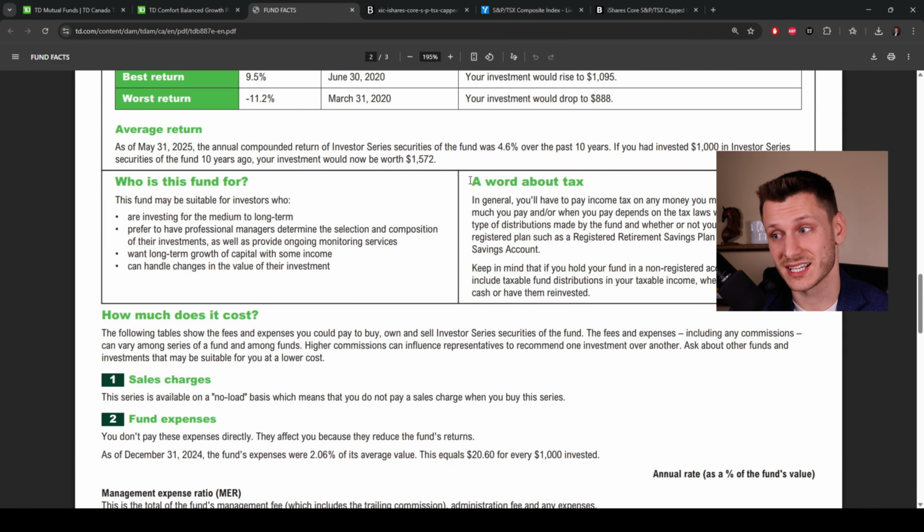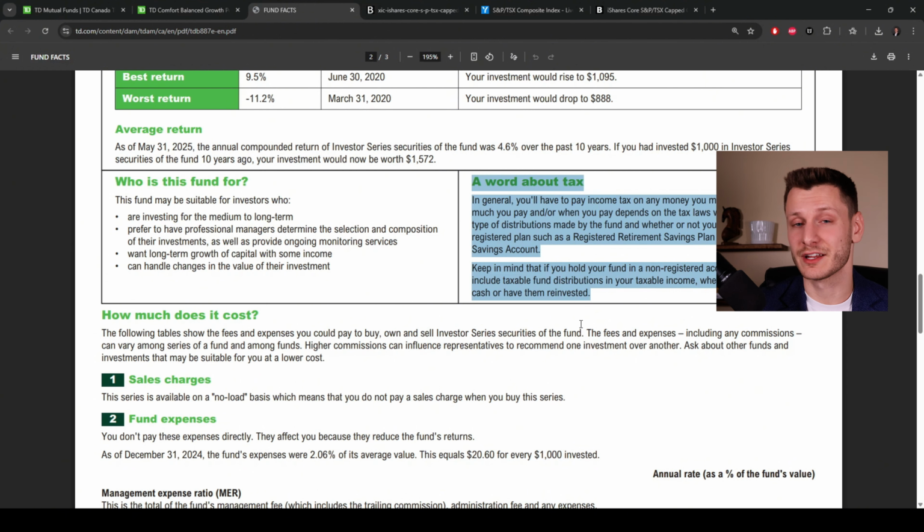Now, a quick word about tax. It is true. So if you're investing in mutual funds, then these are capital investments, meaning that if you incur a gain, these are capital gains. And half of that gain is called the taxable capital gain, which means that taxable capital gain will be added to your income and is fully taxable.